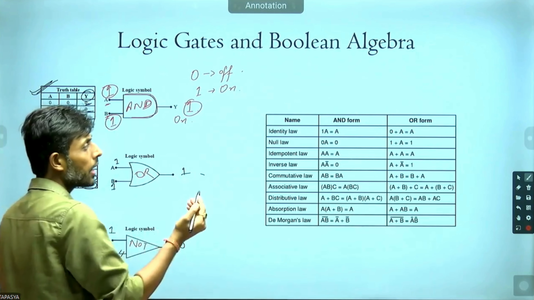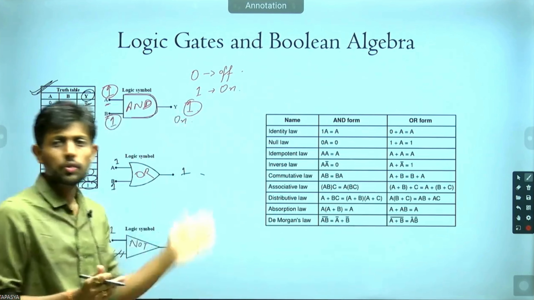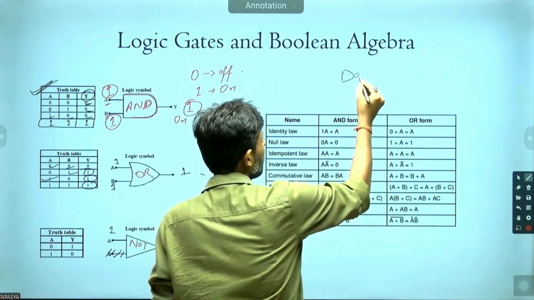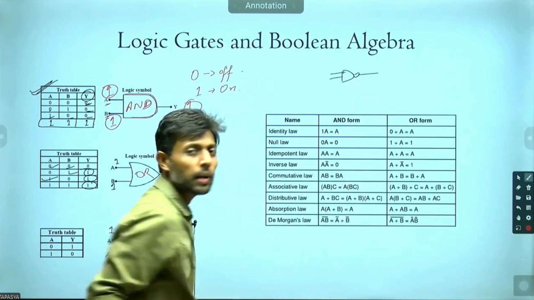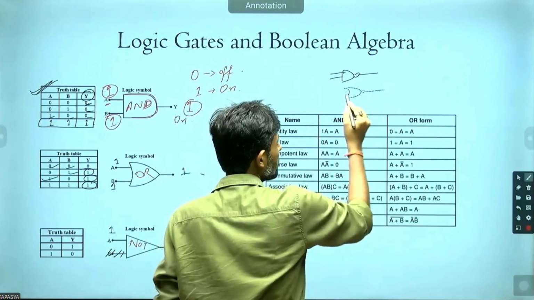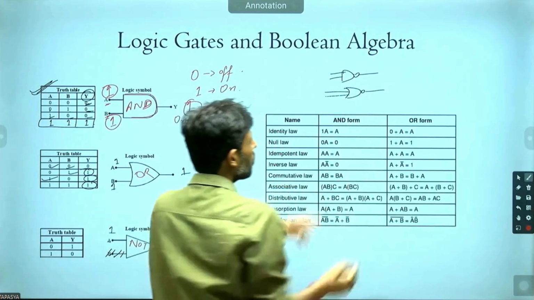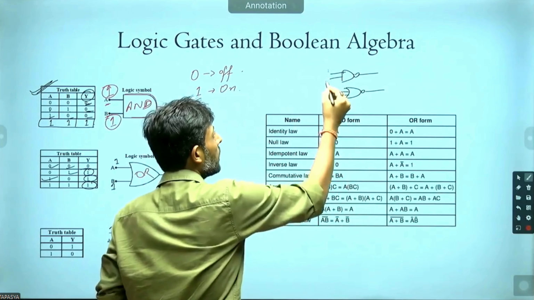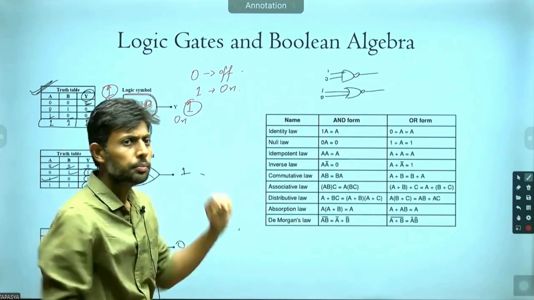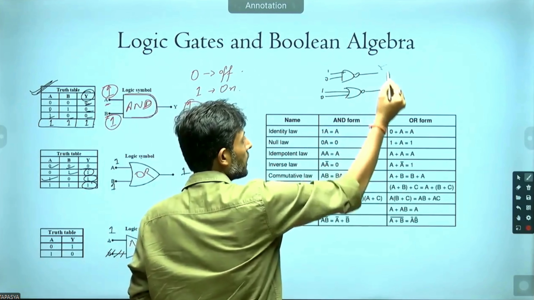Then there are other kinds of gates, which are combinations of these building blocks, something called the NAND gate, which is denoted by this, and something called the NOR gate, which is denoted by this. These are the inputs, input number 1 and input number 2, with different values, and this is where you'll get the output.